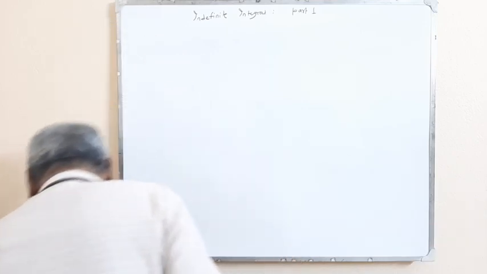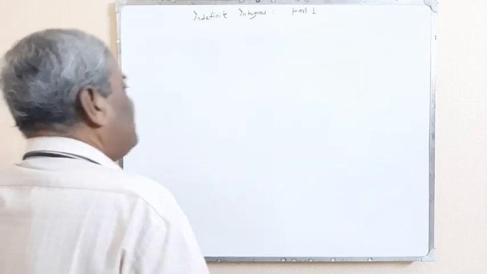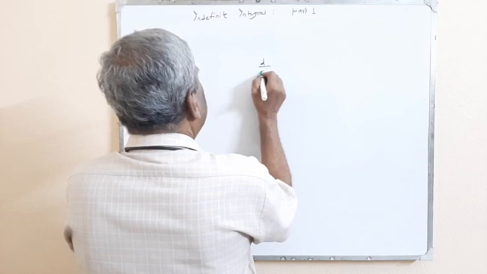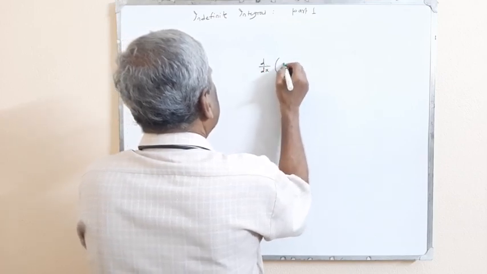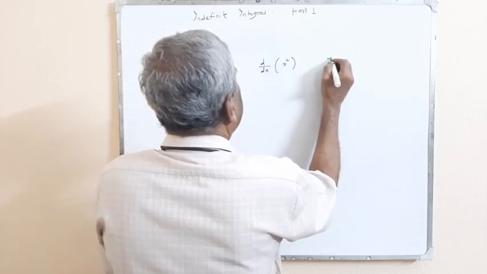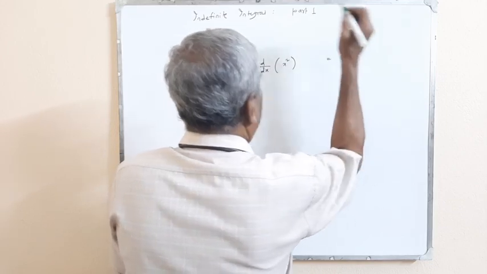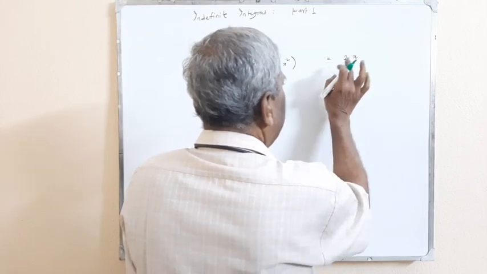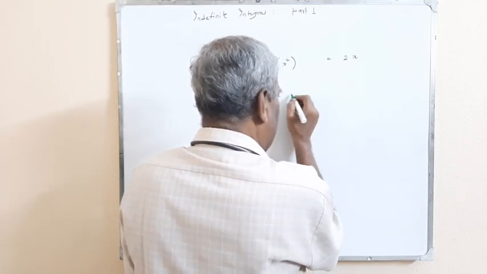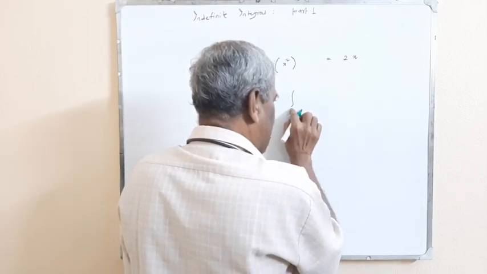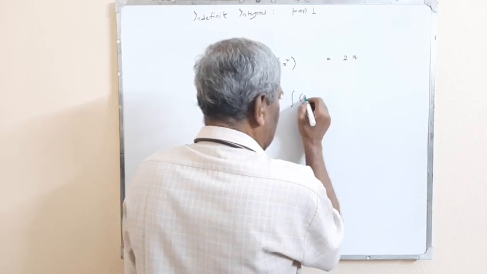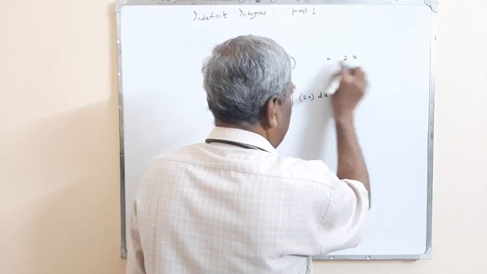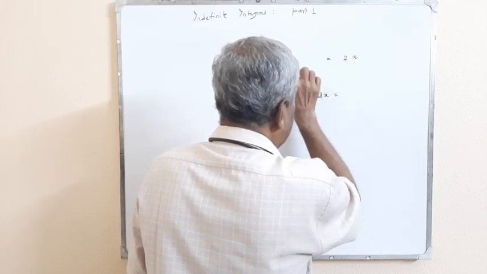What does that mean? Suppose we know that d/dx of x square is 2x. So the integration of 2x, normally denoted as the integral of 2x dx: its derivative is 2x, and its integration is x square.